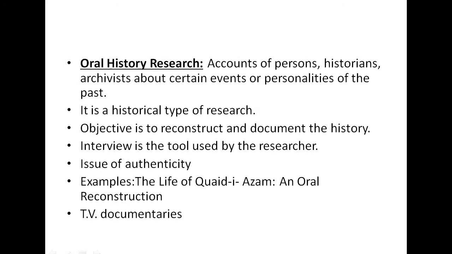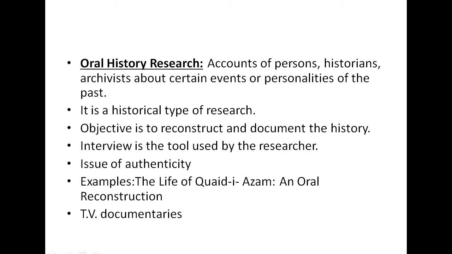Now, this is our method number 3. Oral history research. So, what is oral history research? Accounts of persons, historians, archivists about certain events or personalities of the past.